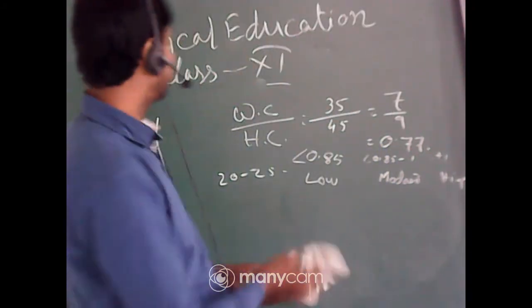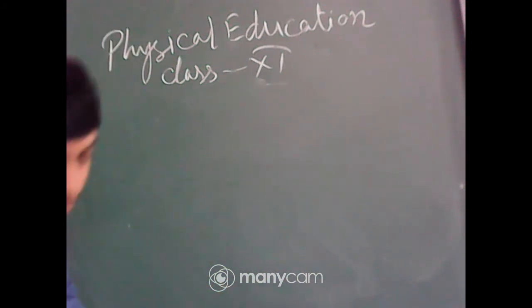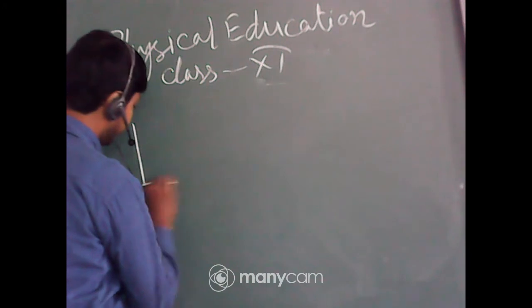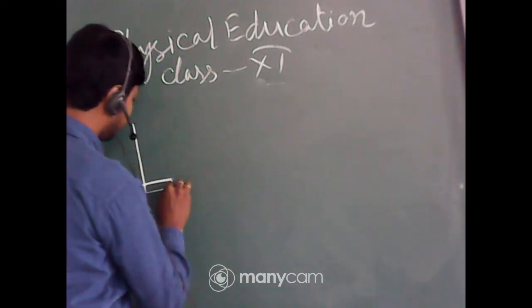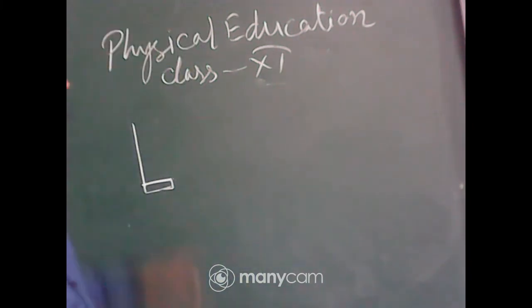We must take a height measure bar. It looks like a bar, and at the end of the bar there is a box where the person can stand with bare feet.